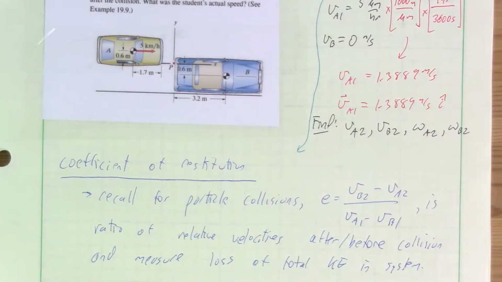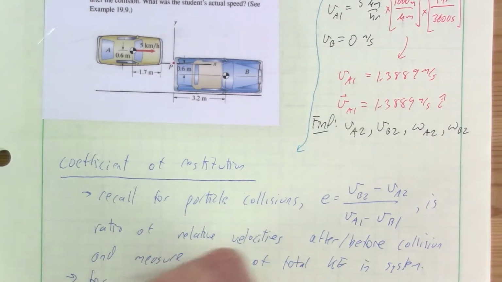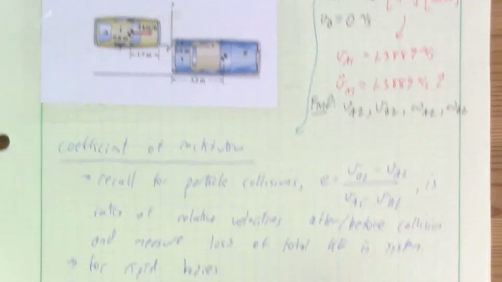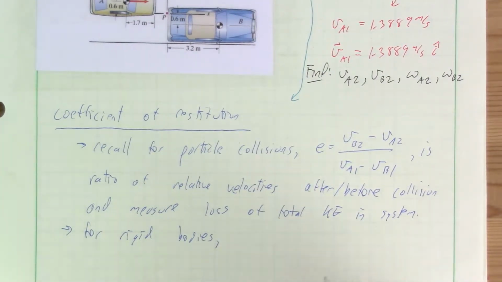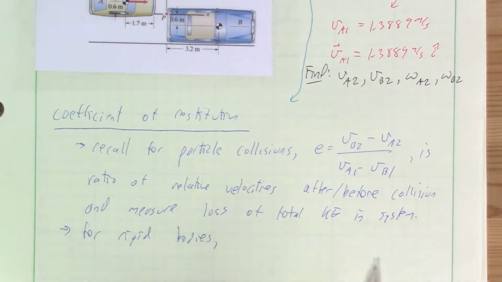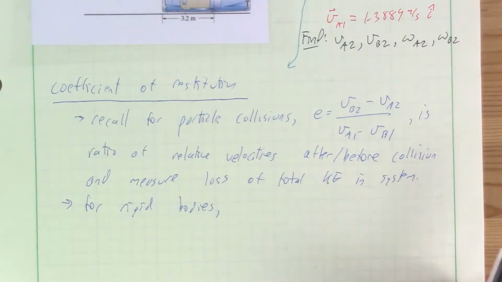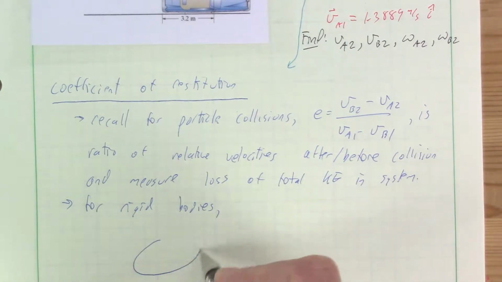Now, for rigid bodies, the definition we need to extend a little bit. Before I write it out, let me define a few things here. Let's draw a general picture.